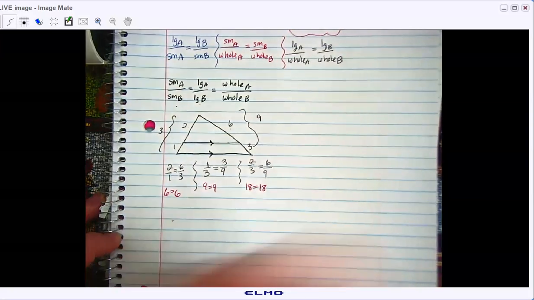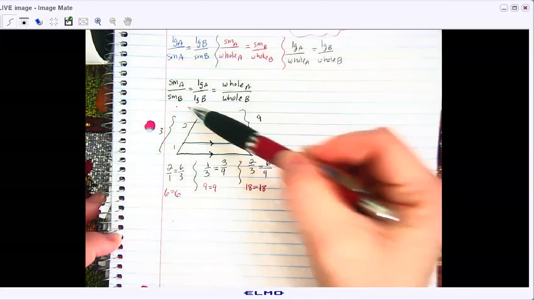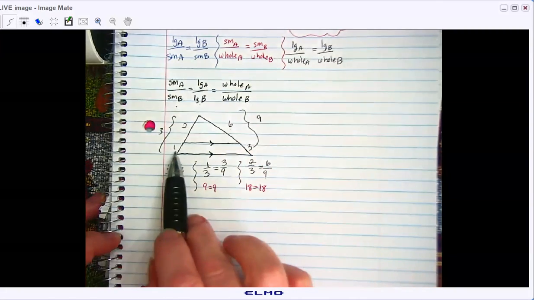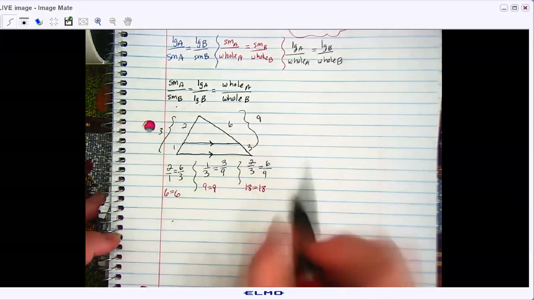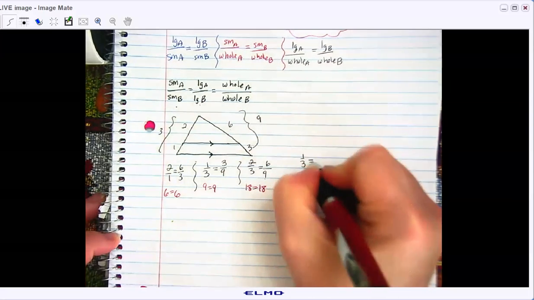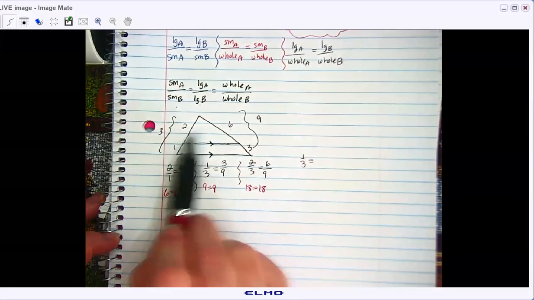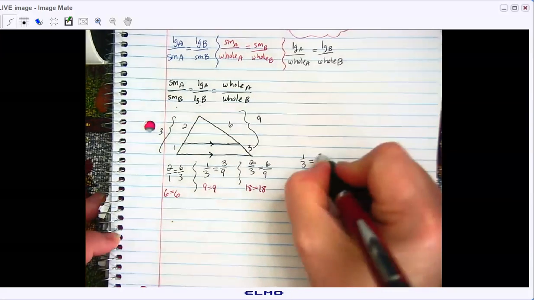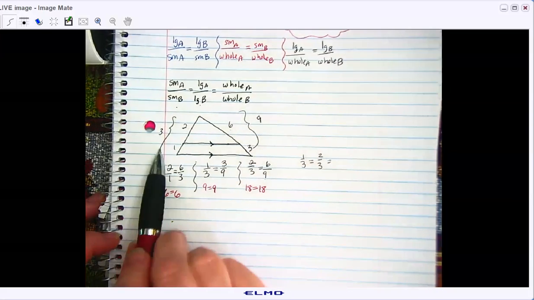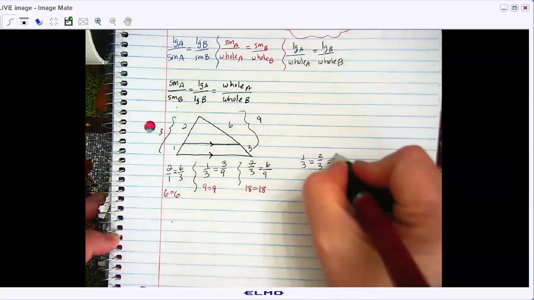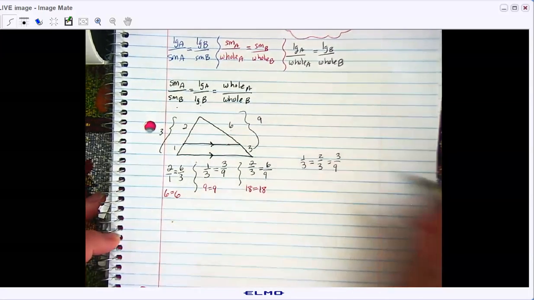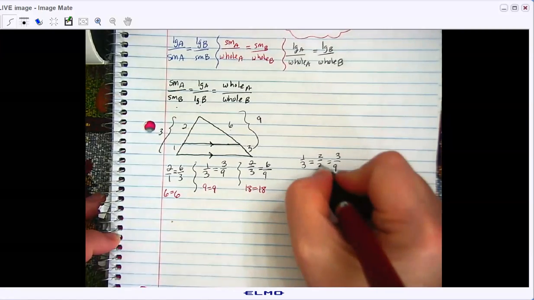And last, if we want to confirm this part up here, the small part of A or small part of B, so we could go 1 over 3. We could go large part 2 over 6, or whole over whole, which would be 3 over 9. Oops, 2 over 6.